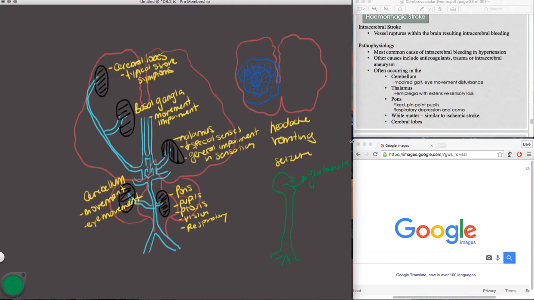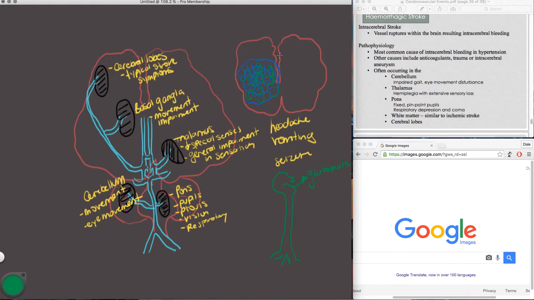Well, glutamate is primarily an excitatory neurotransmitter, so if I'm releasing glutamate all throughout these areas, it's going to overexcite the brain and the patient's going to be at risk of seizure.